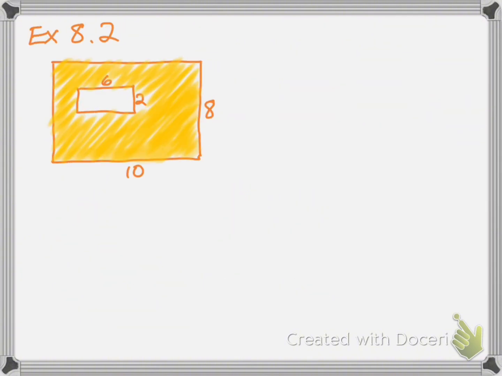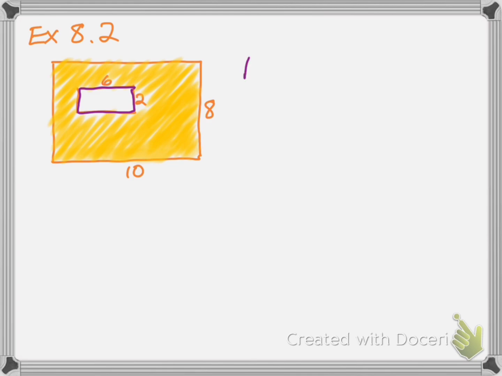In this next exercise, example 8.2, what they give us is a big rectangle that then we cut out another smaller rectangle from it. So notice that what is happening is there's going to be a hole in this part here.